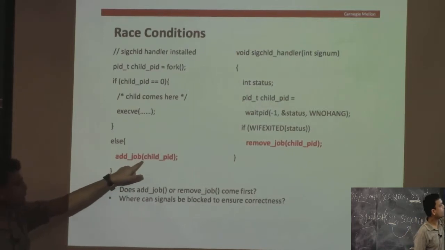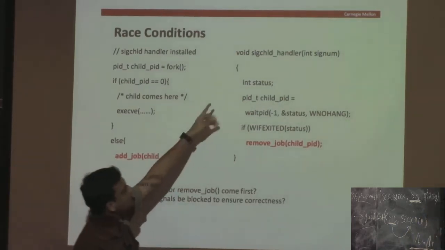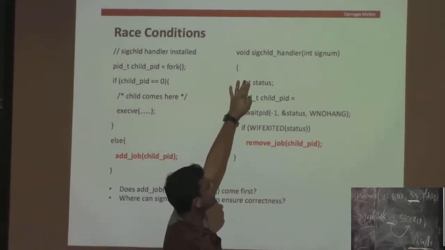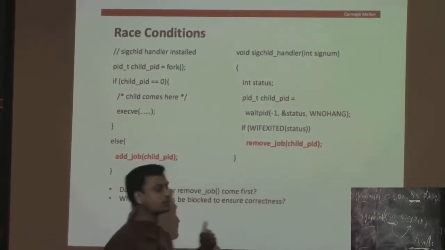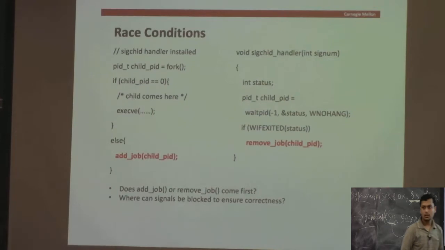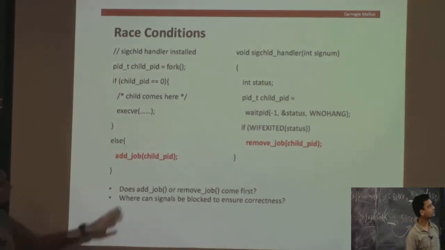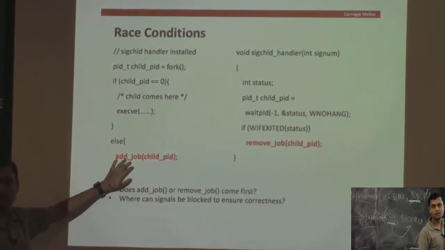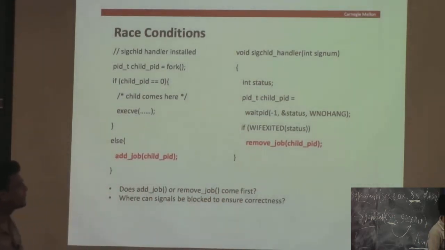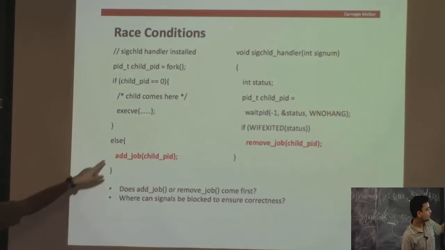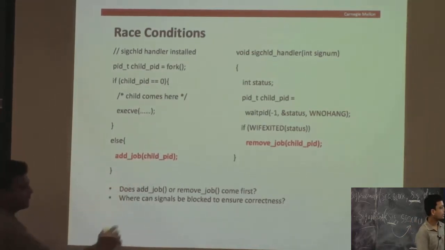Now by the time you do an addjob, let's say the child has already exited, finished execution, and it's trying to do a deletejob from the job list. This is a typical race condition where you have not even yet added the job into the job list, but already you're trying to remove it. So the idea here is you need to block signals, and that's what is here.